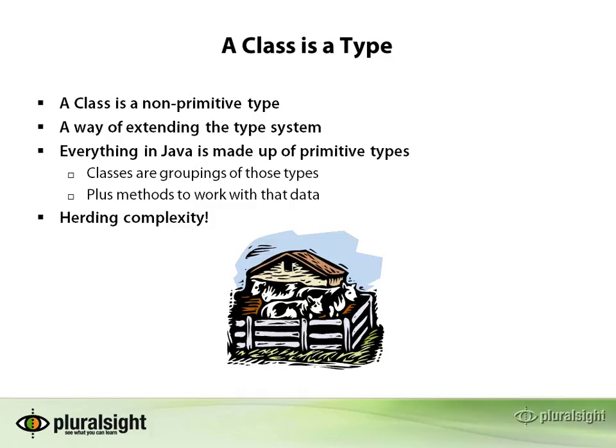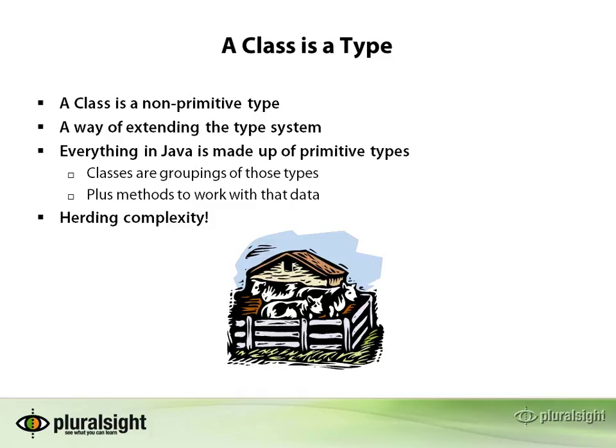And that is basically, if you think about that in Java, everything is eventually made up of primitive types. Everything that exists in the Java programming language, at some root of it, is a primitive type, an integer, a character, a decimal. And a class is just composed of those primitive types and then some methods to work with that data.